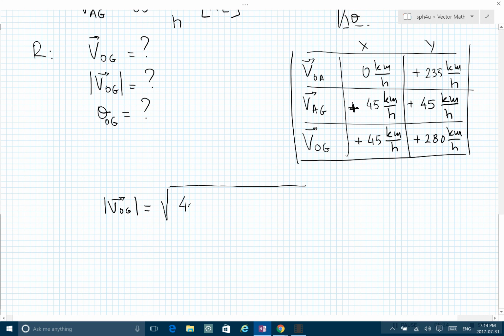So now we're able to find the magnitude, or the ground speed of the airplane, which is the square root of 45 squared plus 280 squared. So VOG is approximately 283 kilometers per hour.